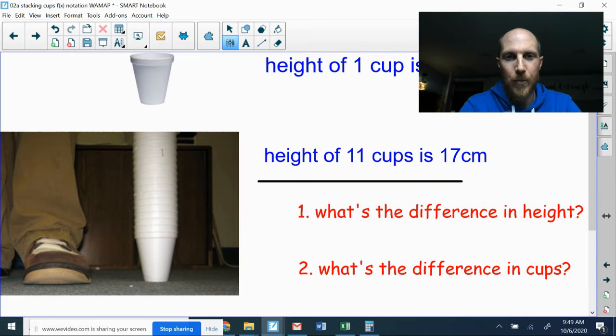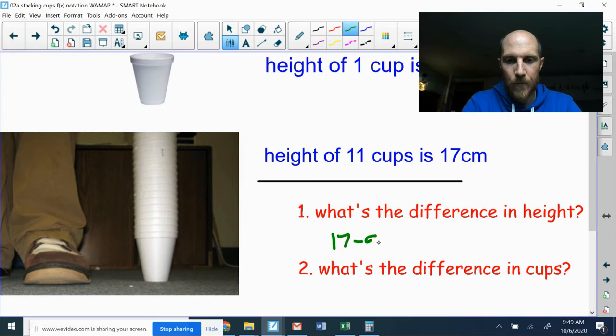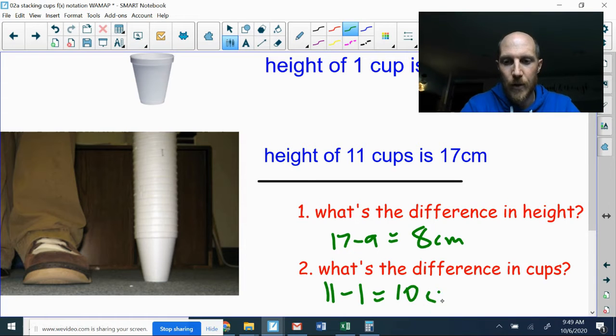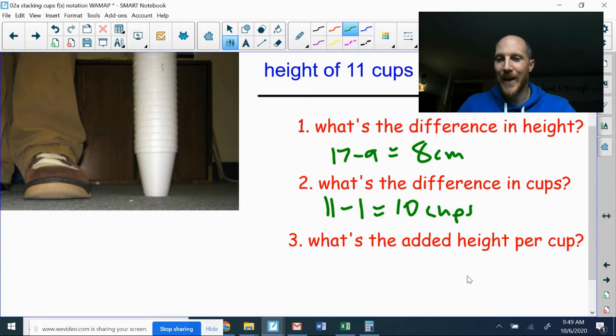It would probably help if I had a pen selected. 8 centimeters. Difference in the number of cups, well, this is 11, that's 1, so 11 minus 1, that's a difference of 10 cups. And then we can use those two pieces of information to find out what's the added height per cup.